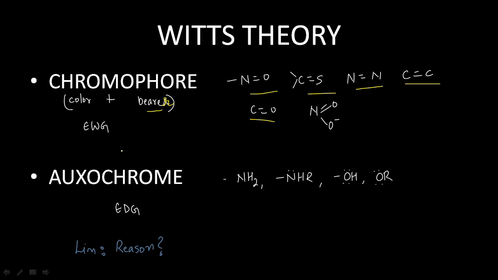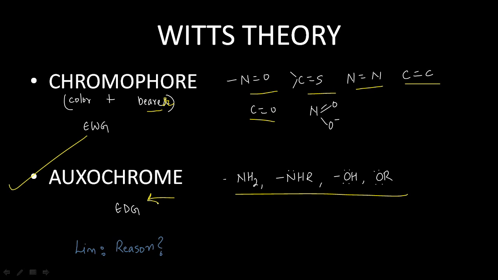The second type of groups that we discussed is auxochrome. These, as you can see, are electron donating groups. What these do is enhance the color of the compound. Chromophore is responsible for color.